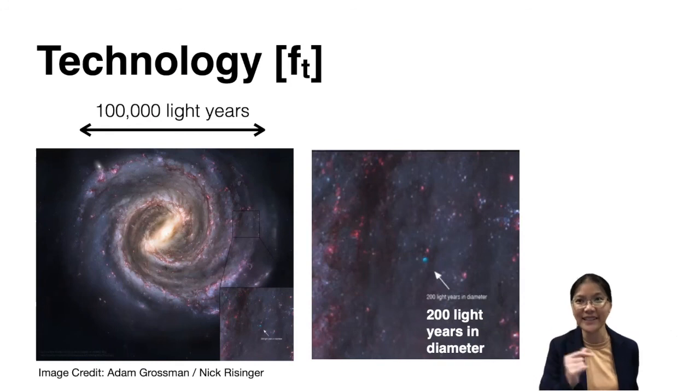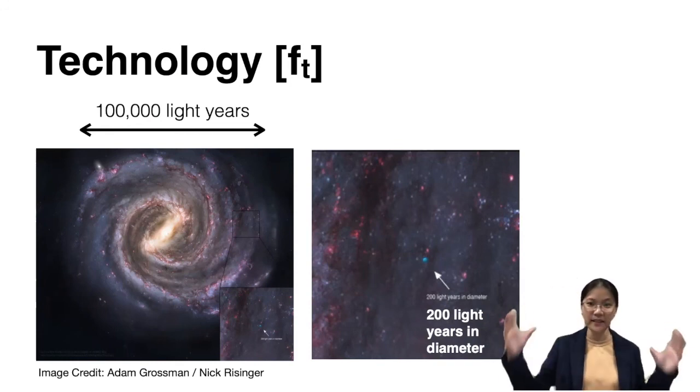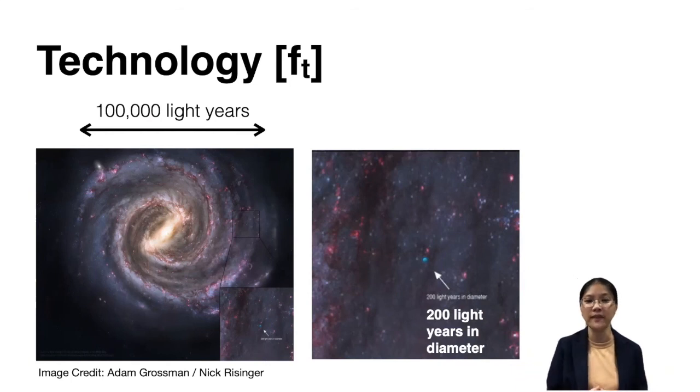So again, just a flick of a second, and that means that there's a sphere around the Earth, 200 light years in diameter, and all the stars in that region would have had the chance to listen and receive our signals. Of course, as illustrated here, that's a very small region compared to the size of the galaxy.